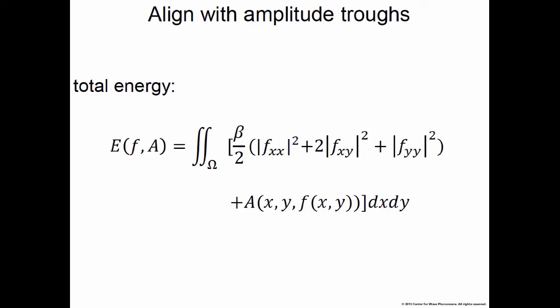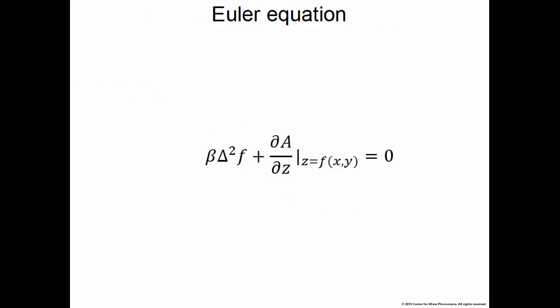So assume we want to align the surface with amplitude troughs, we get a total energy function by using its internal and external energies. And again, minimizing this energy function is equivalent to solving its corresponding Euler equation here. And we solve this Euler equation by using the Fourier transforms.